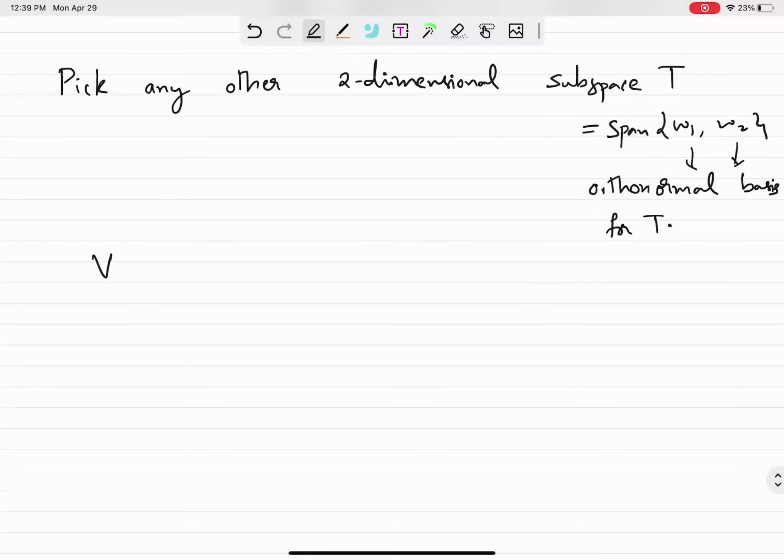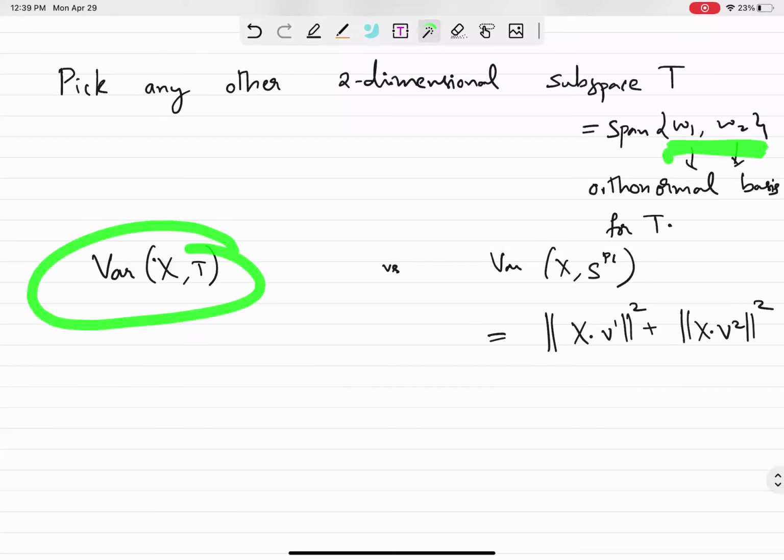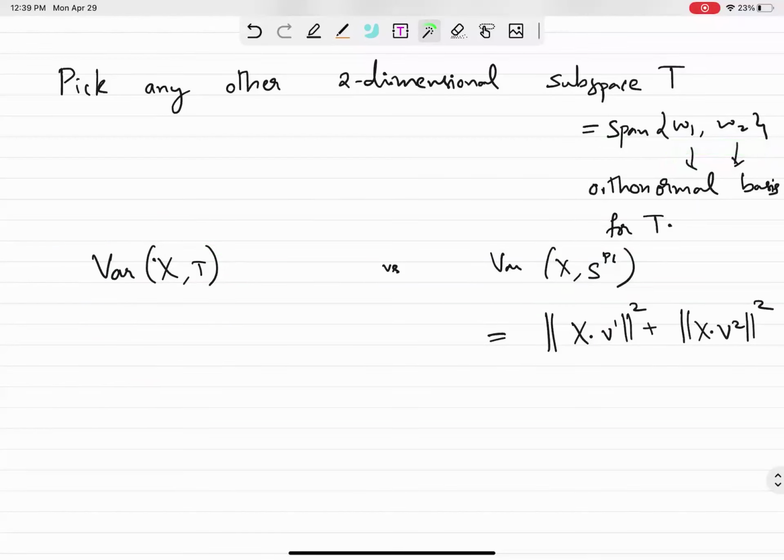So we want to compare the variance of x along T versus variance of x along SPC. We just saw that I can write this as x times v1 squared plus x times v2 squared. How can I write this in terms of these two vectors? In terms of the orthonormal basis?